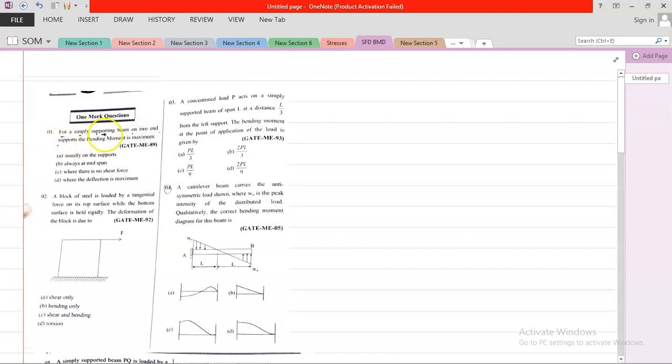the bending moment is maximum. So what is the question? Suppose you have a simply supported beam, and it is supporting bending moment or force, and it is asking where it is maximum. So suppose you have M in the whole section. To obtain the maximum, you need to apply the concept of maxima and minima.